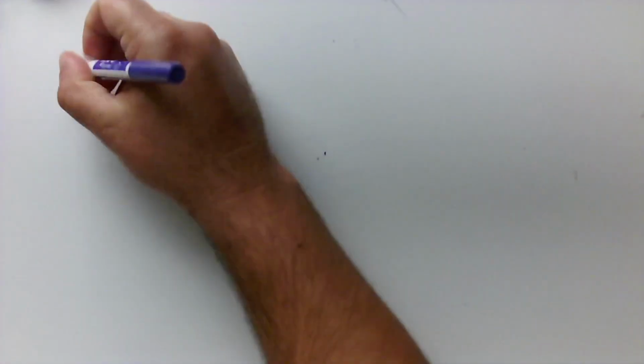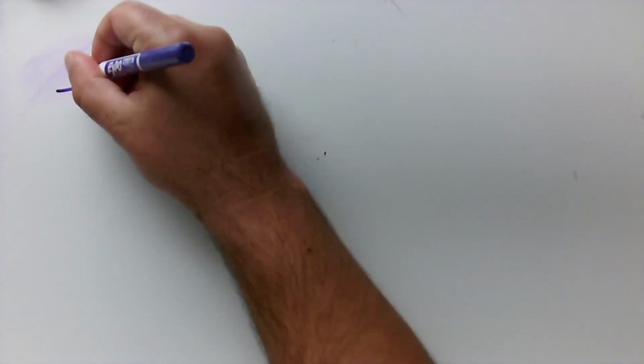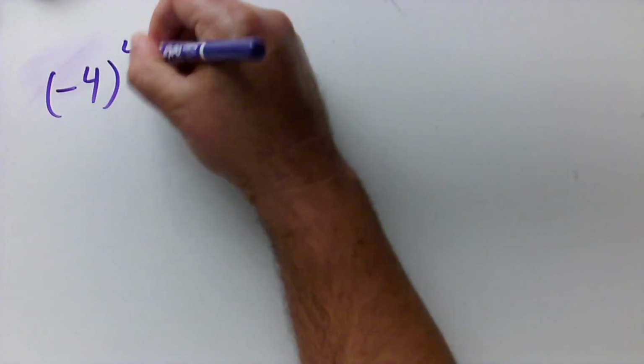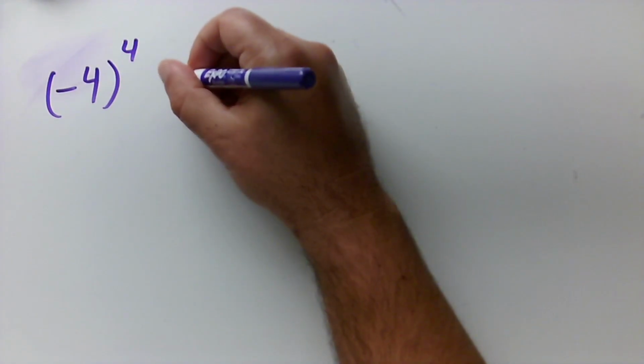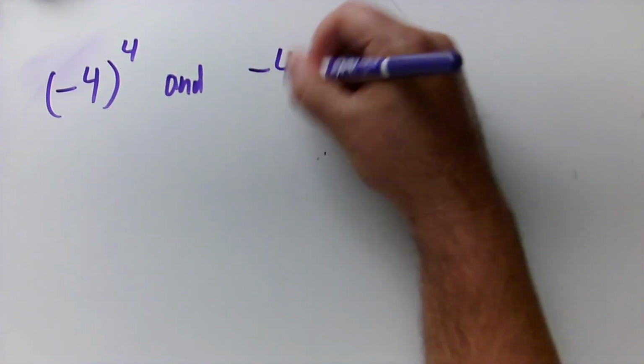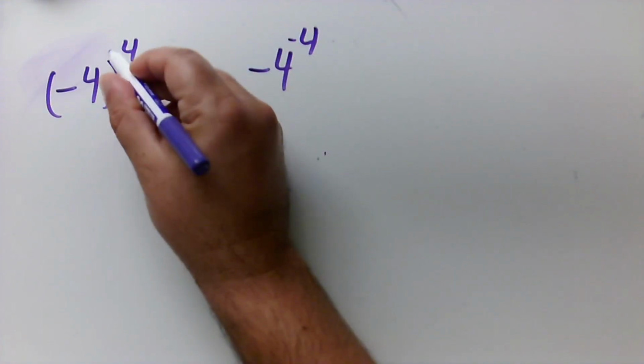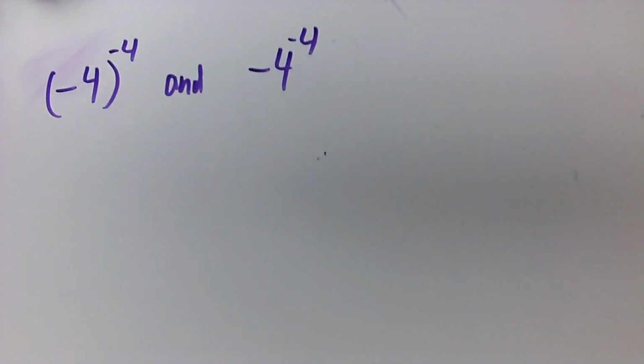A lot of times early on you'll be given a problem like this. Compare negative 4 to the negative fourth power and negative 4 to the negative fourth power, where one has parentheses and the other does not.